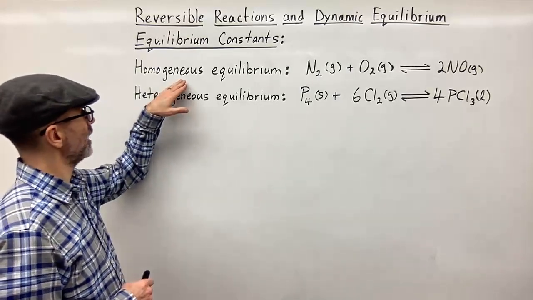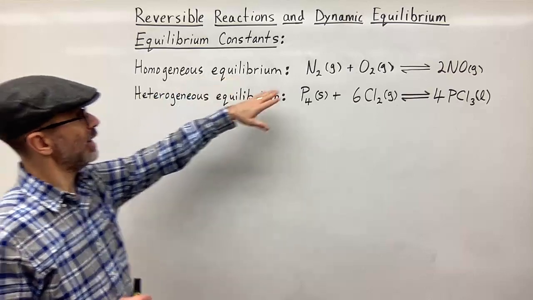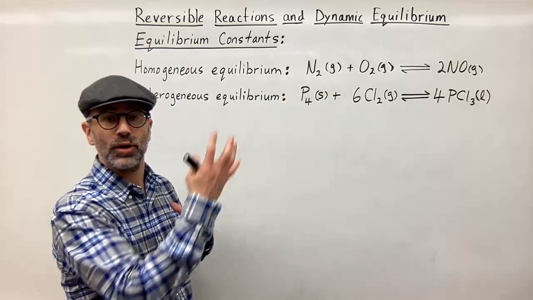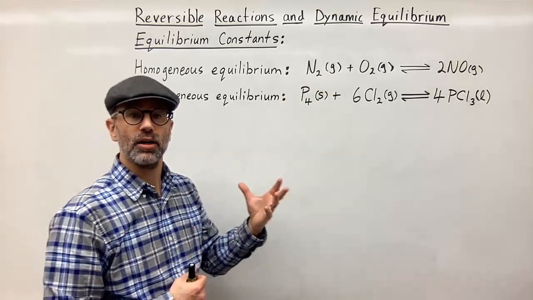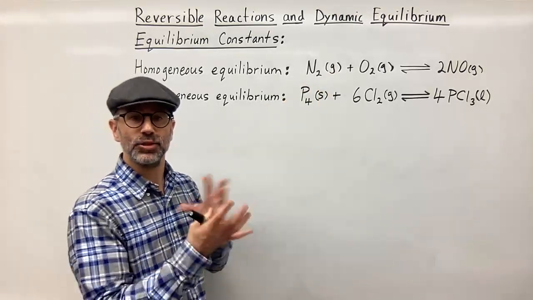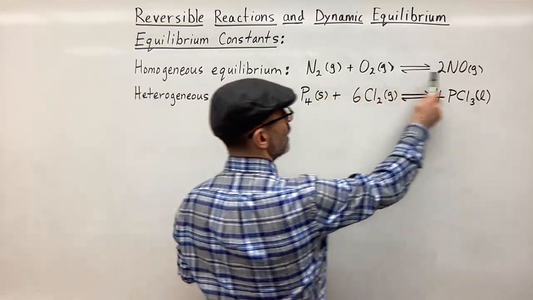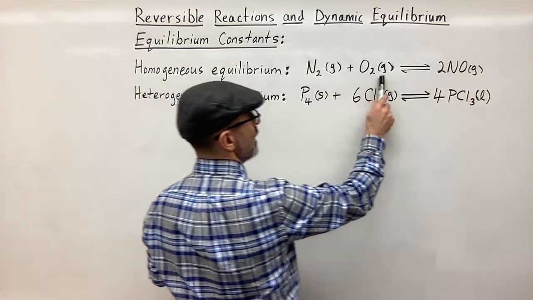So here I have a homogeneous equilibrium, because homo means the same, and genius is referring to kind, so same kind. So here it's homogeneous because they're all gas.